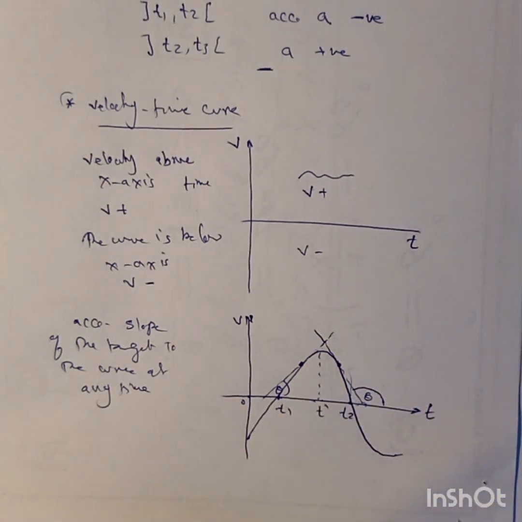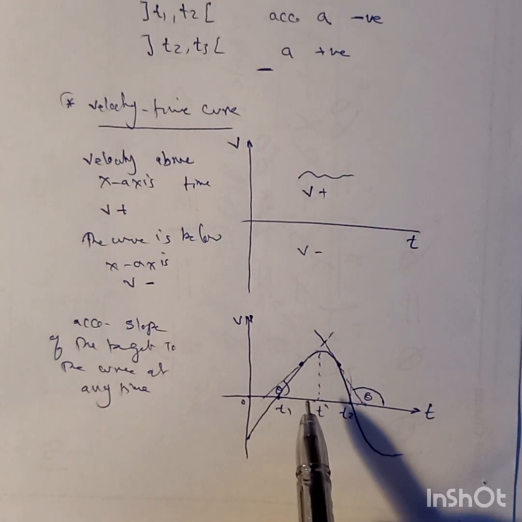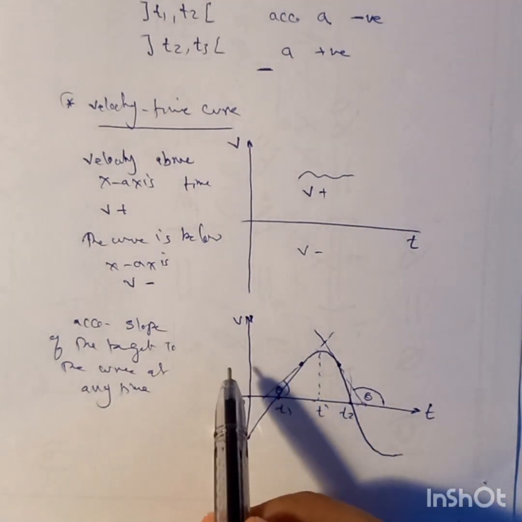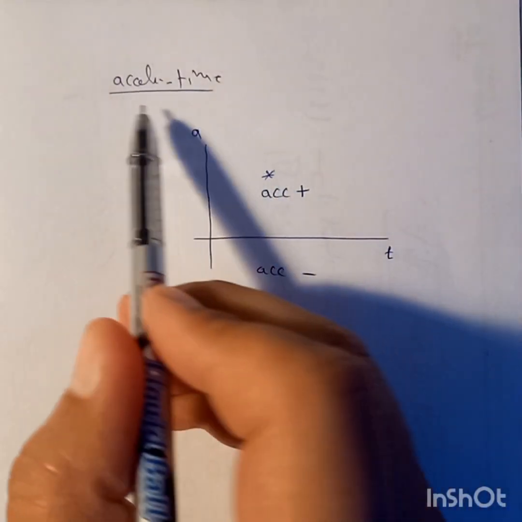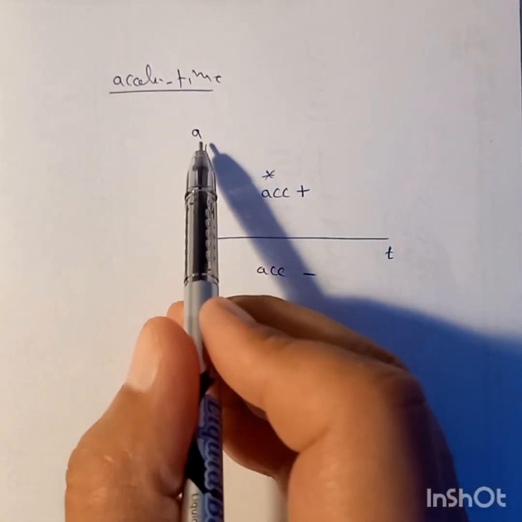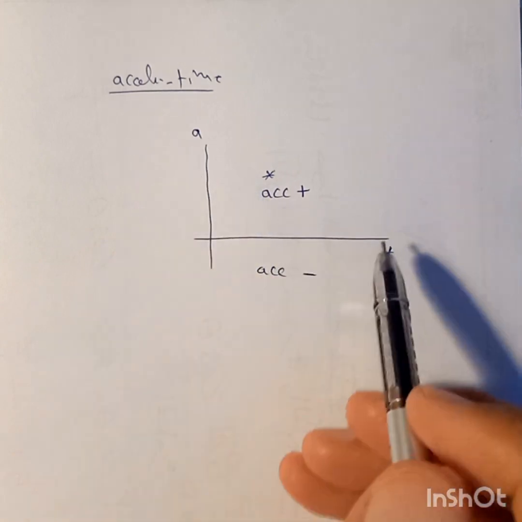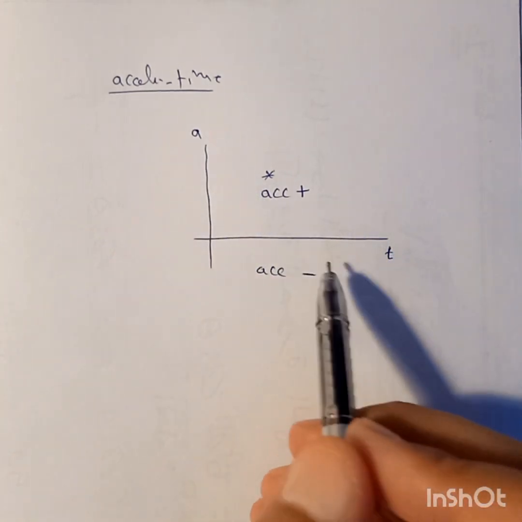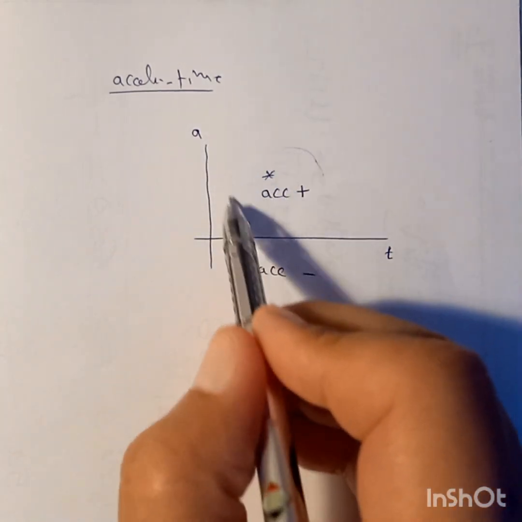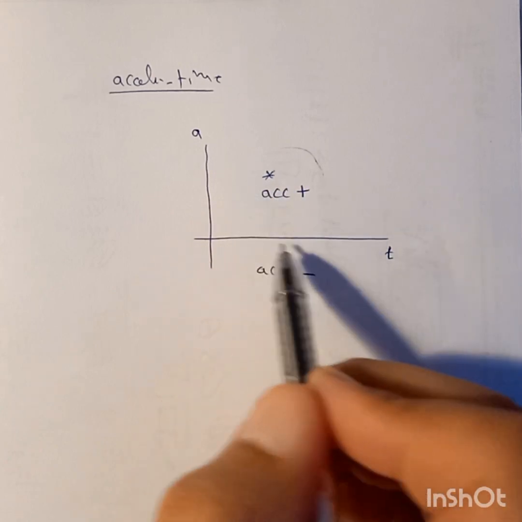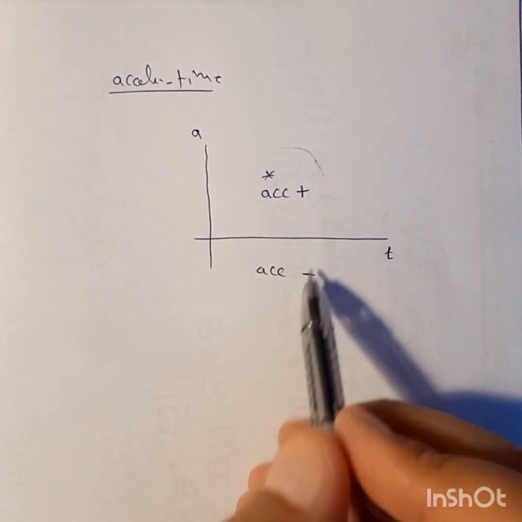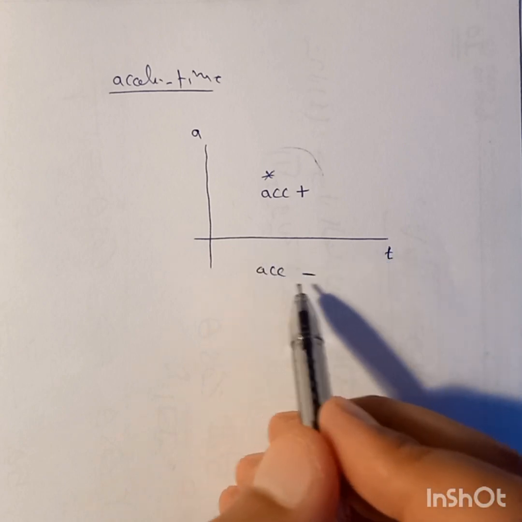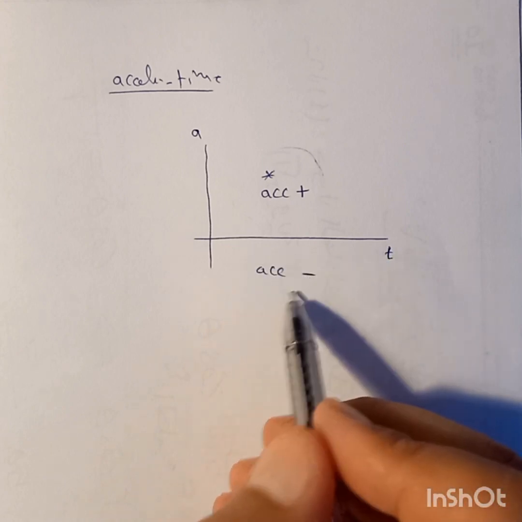Then we are going to explain the last curve, representing the relation between acceleration and time. We assume we have the acceleration-time curve of the rectilinear motion. If the curve is drawn above the x-axis, then the acceleration is positive, and if the curve is drawn below the x-axis, then the acceleration is negative.